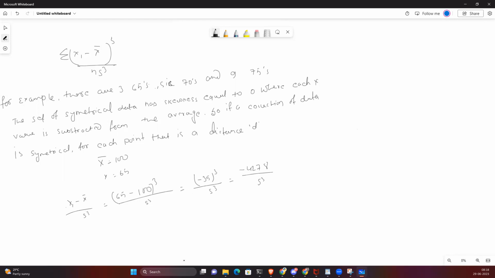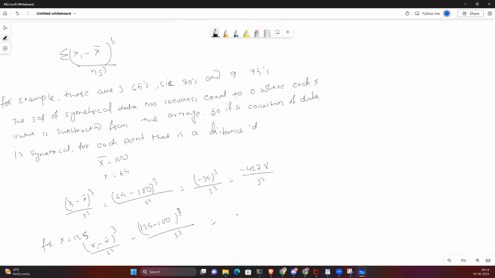Similarly, let's suppose x is equal to 135. The same thing I am going to calculate here, the whole cube of xi minus x bar divided by s cubed. This time it is 135 minus 100, the whole cube, divided by s cubed.